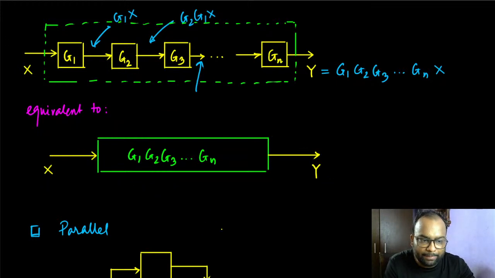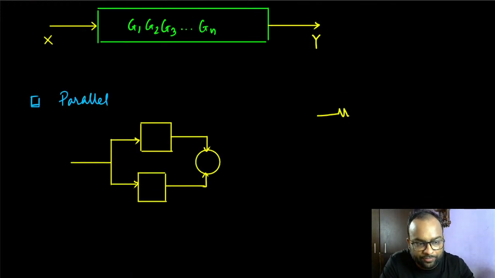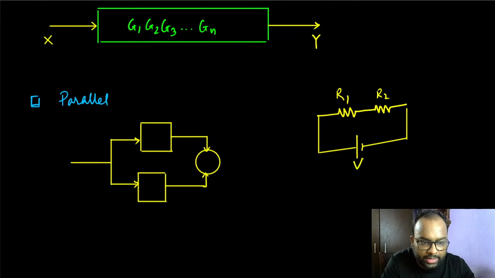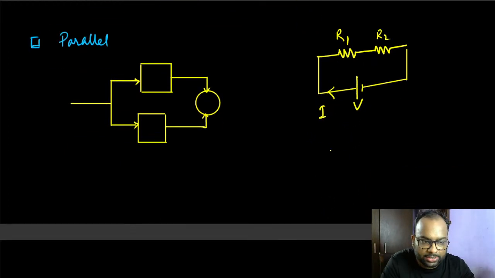For example, if we have two resistors here, R1 and R2, and excite them with a certain voltage, say V, and I current passes through, the voltage source sees that I amount of current is passing through.